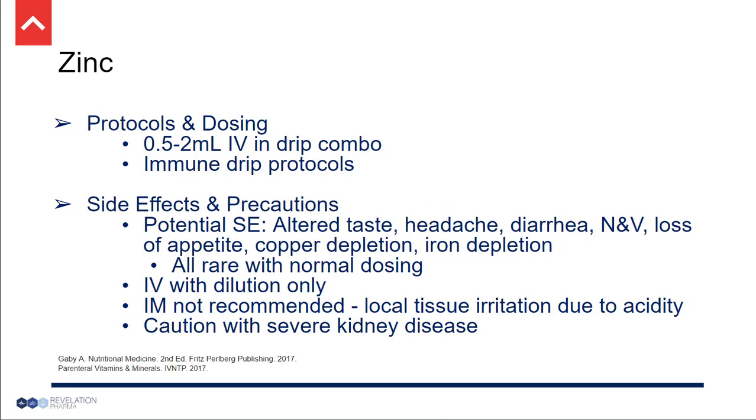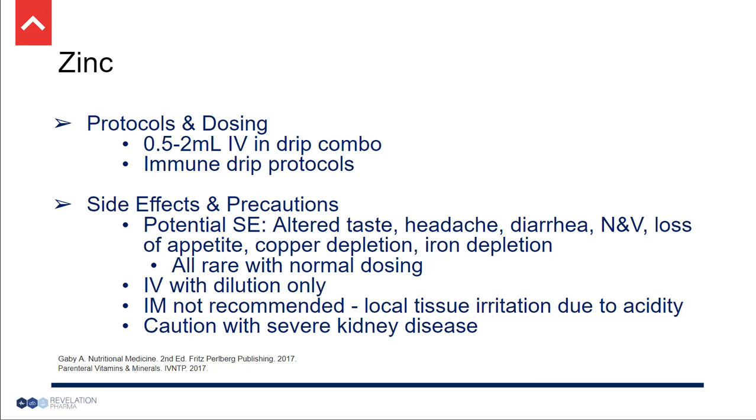Some common protocols and dosing, typically in the lower range, so 0.5 to 2 mLs IV in some sort of combo drip, and very good to add to almost any immune drip protocol, assuming it's compatible with everything in there. Potential side effects and precautions are rare with normal dosing, but with high or prolonged high dosing, what you would probably first see is altered taste, like a metallic taste, and then headache, diarrhea, nausea, vomiting.